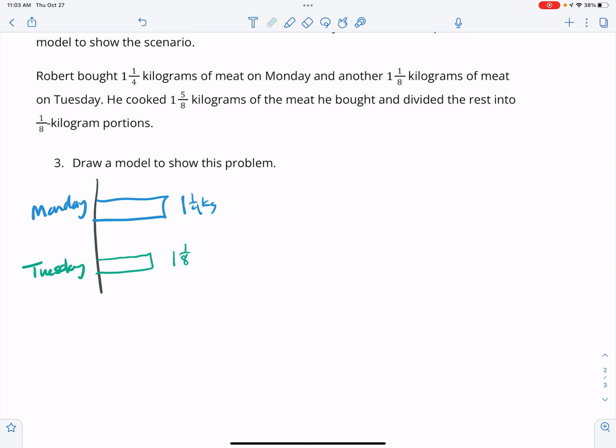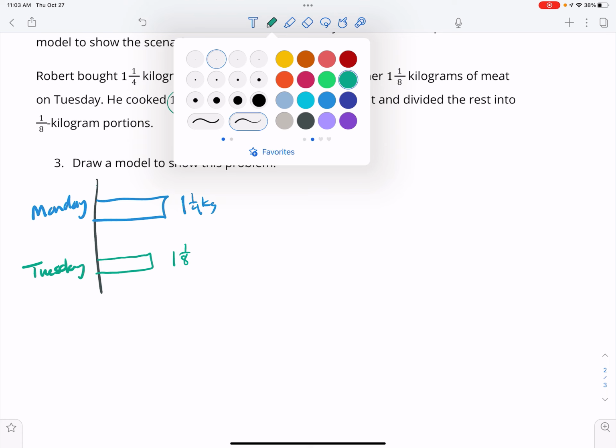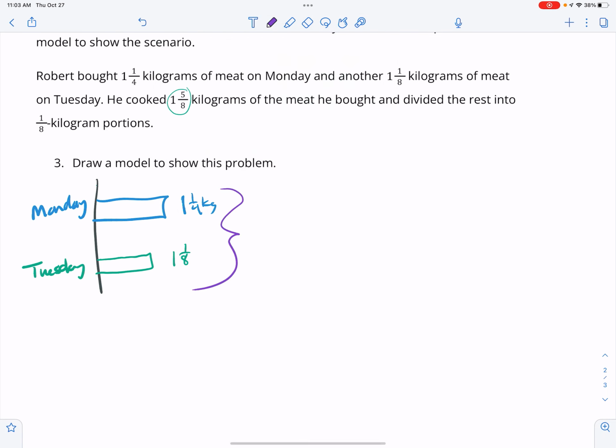Then we know that he cooked 1 5/8 kilograms of the meat he bought and divided the rest into those portions. So if we were to combine this with purple, combined that total, he cooked 1 5/8 of it, and whatever was left, he broke into 1/8 kilograms.